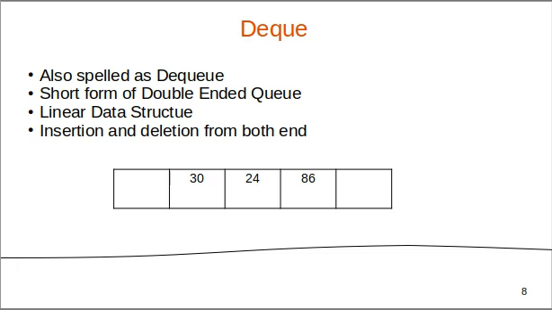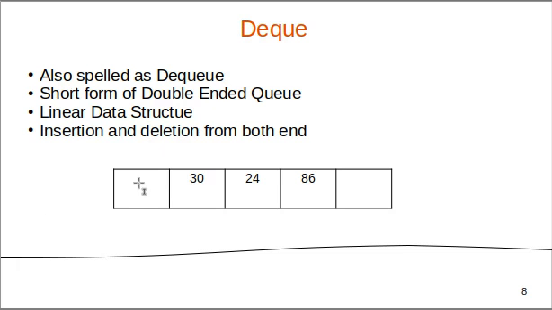Now what is deque? Deque is the short form of double-ended queue. It is also a linear data structure, and the difference is that here we can insert or delete items from both ends.